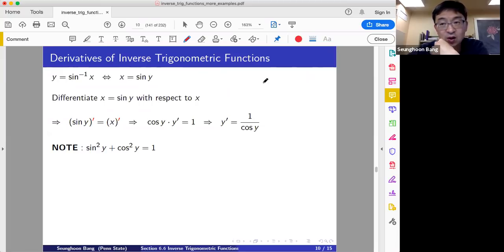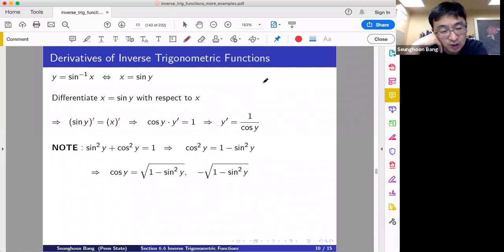Sine squared plus cosine squared equals 1. So cosine squared of y equals 1 minus sine squared of y. Take the square root: the positive square root of 1 minus sine squared y, or the negative square root of 1 minus sine squared y. We have two possible answers. You can check which one. Positive or negative? What do you think? Positive.